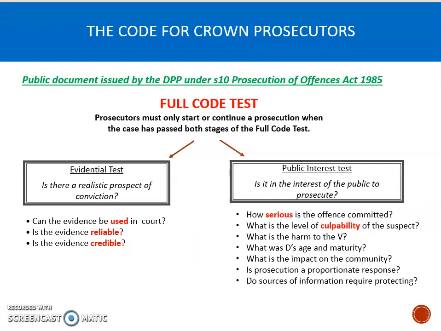The other part of the test is the public interest test. So prosecutors not only have to consider the evidence, but they have to consider, is it in the public interest to actually prosecute? And when they're making that decision, they'll be thinking about how serious the offence is, what level of culpability, that means blameworthiness, there is of the suspect.